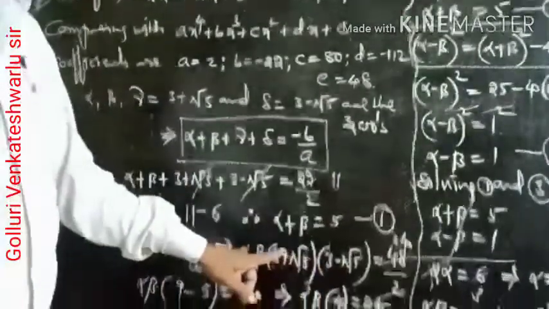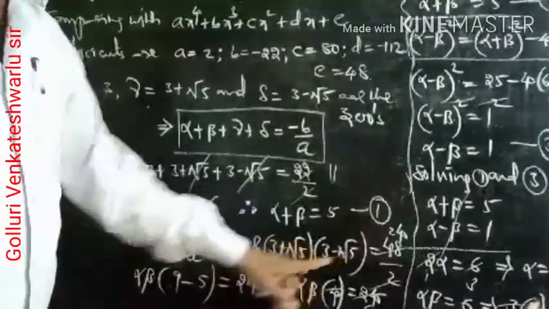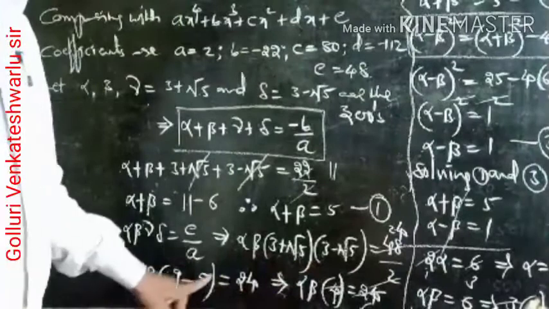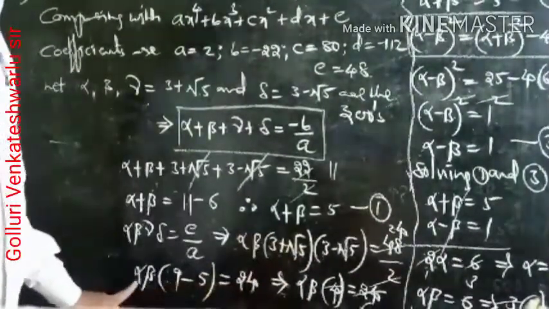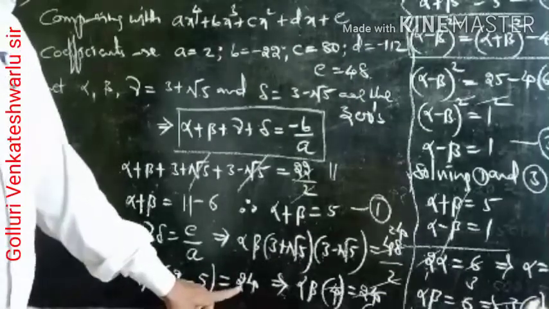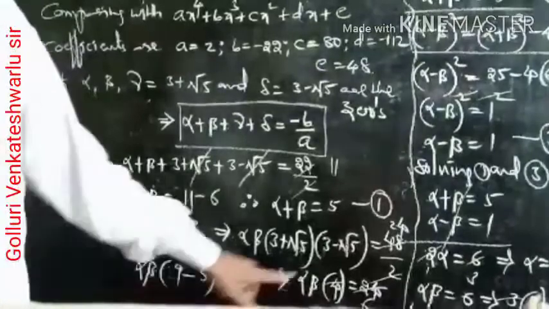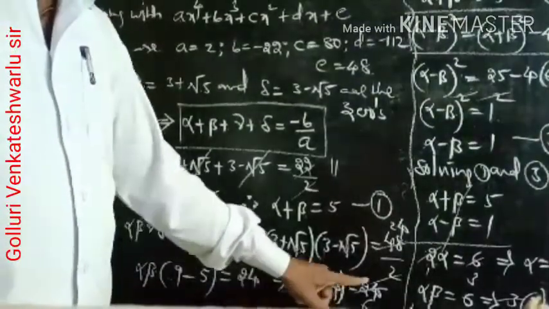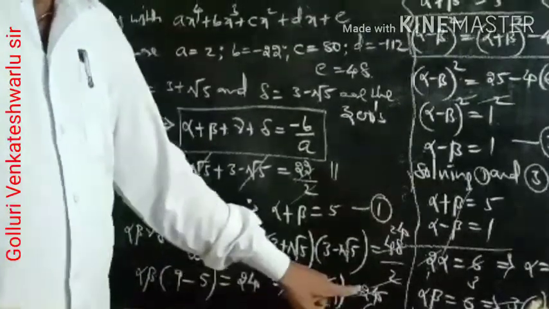The product of these two binomials, by the formula a square minus b square, is 3 square value 9 minus root 5 square value 5. So alpha beta into 9 minus 5 is equal to 24 by 2. 9 minus 5 is 4, so dividing by 4 on both sides, alpha beta value is 6.